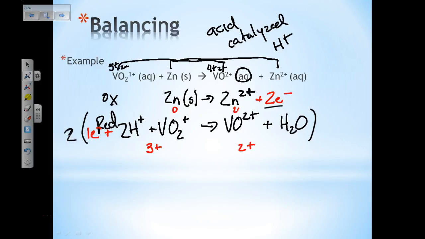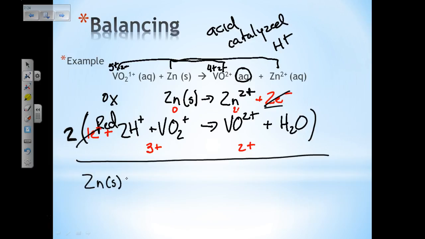So that's why we take this and multiply it by 2. Now, we can't just multiply the number of electrons by 2 because that's going to throw our balance off. That's why we multiply the whole reaction. So 2 times all of this. What ends up happening is the number of electrons cancels, but this then becomes 4 and 2. And so we're going to recombine this. We get Zn solid plus 4H+ aqueous.